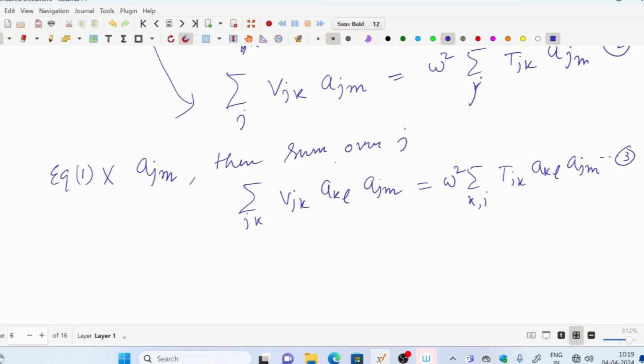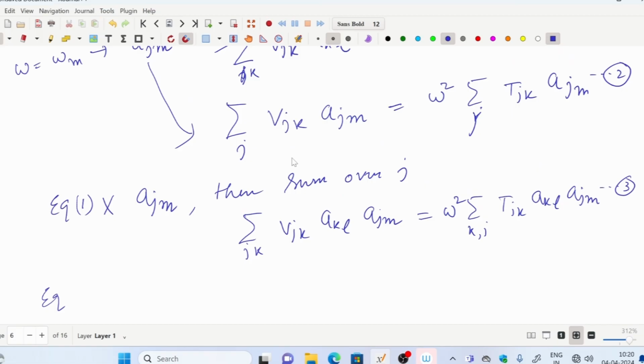Equation 2 we multiplied with A k L and then sum over k. So what we obtain?